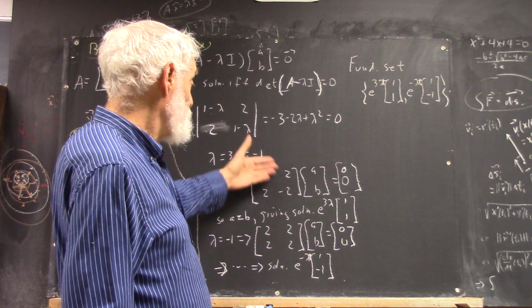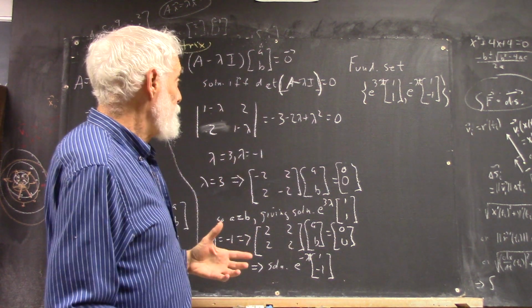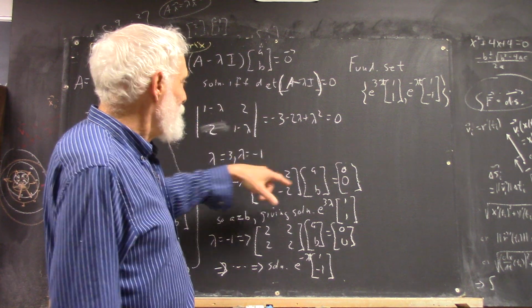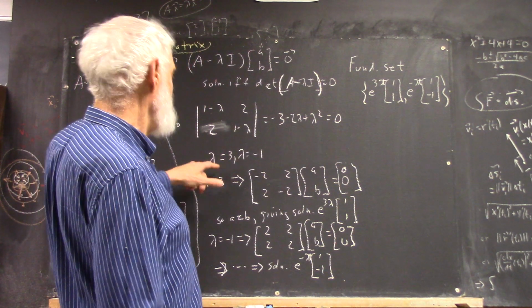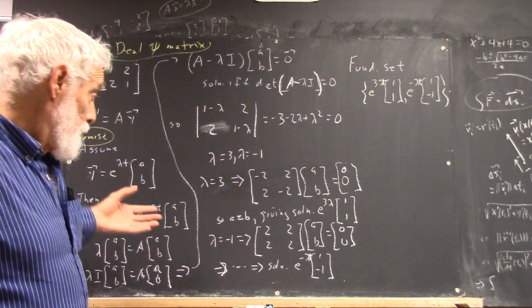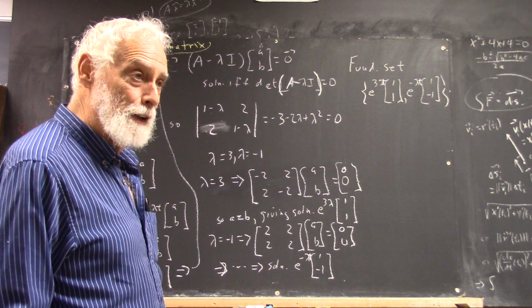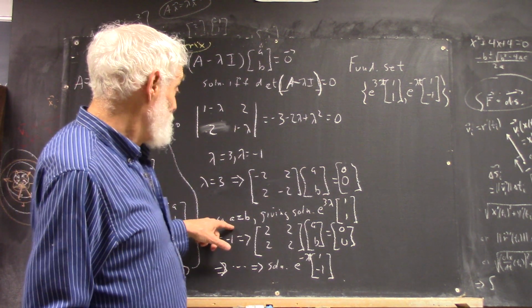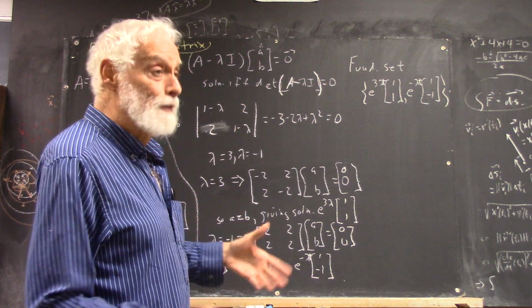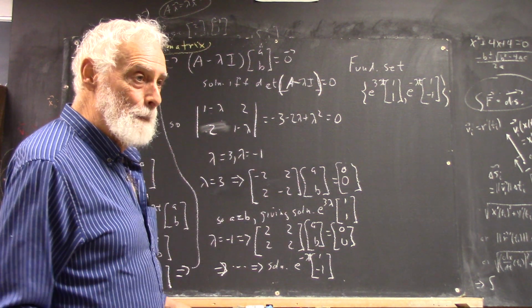So these rows are not linearly independent, and they better not be, because if they were linearly independent, then the determinant of the matrix wouldn't be 0, but it has to be, because if we did this correctly, it must be. So you've got to understand that, and you should, since you saw it a year ago in linear algebra and we're refreshing it. And also in my experience, people that have had linear algebra have no problem with this.